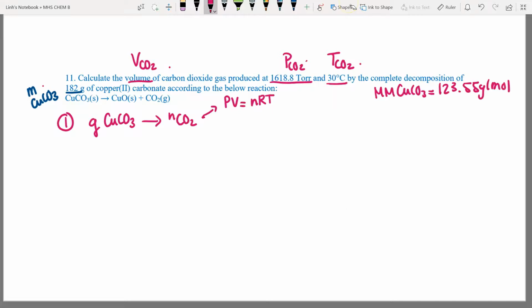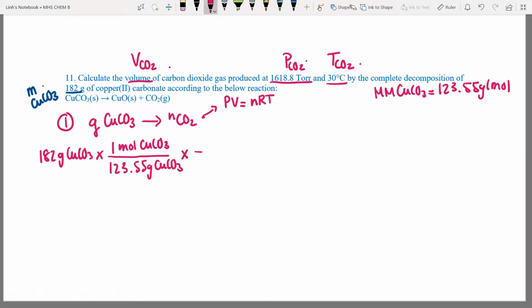Alright, let's go ahead and start with my given, which is 182 gram of copper carbonate. I want to convert that to moles of copper carbonate by using the molar mass. And I know that the molar mass is 123.55 gram of copper carbonate.